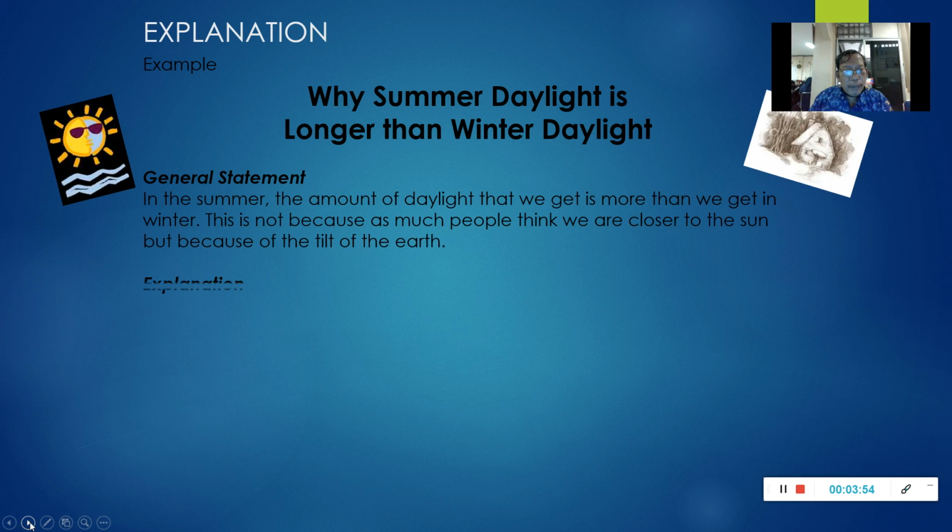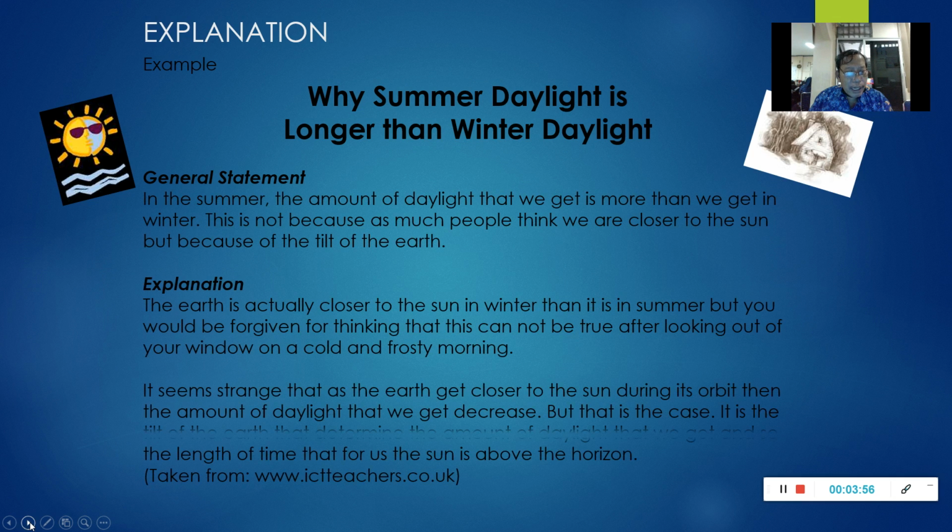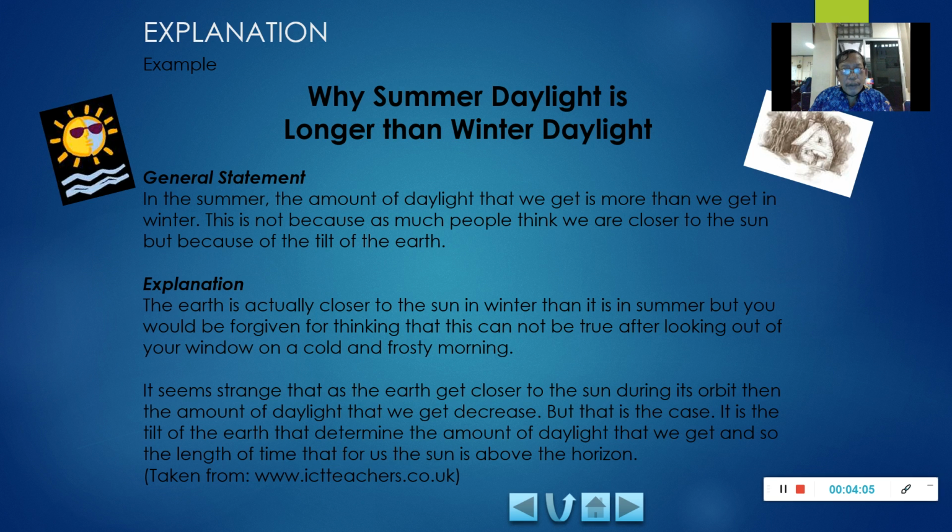Okay, the following is the slide about the example of the text of explanation with the title Why Summer Daylight is Longer than Winter Daylight. The first generic structure of the text of explanation will be the general statement.